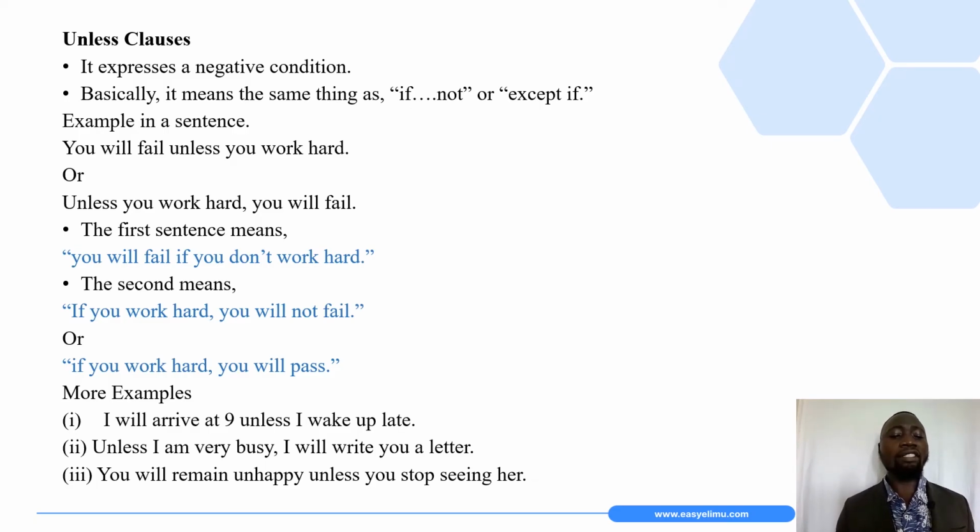More examples in sentences are here. I will arrive at 9 unless I wake up late. So if you see me past 9, it means that probably I woke up late. Another one: unless I am very busy, I will write you a letter. The third one: you will remain unhappy unless you stop seeing her.